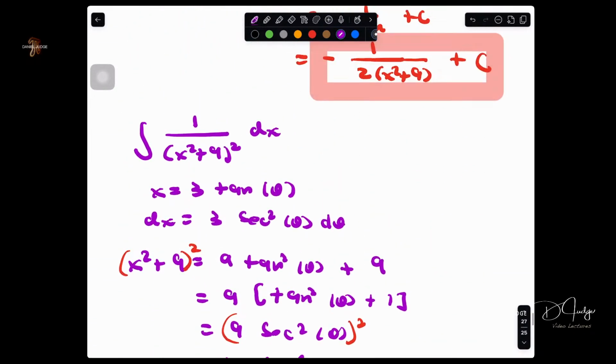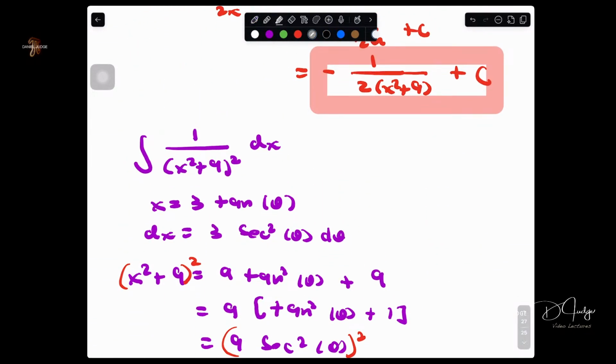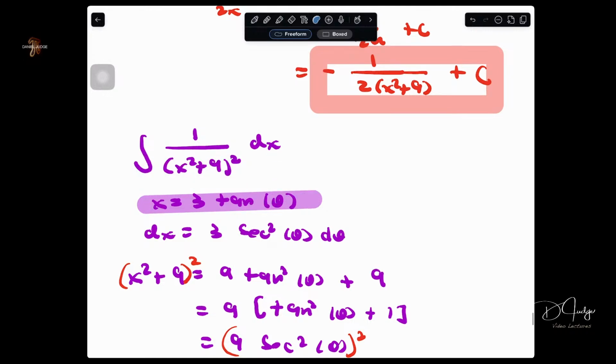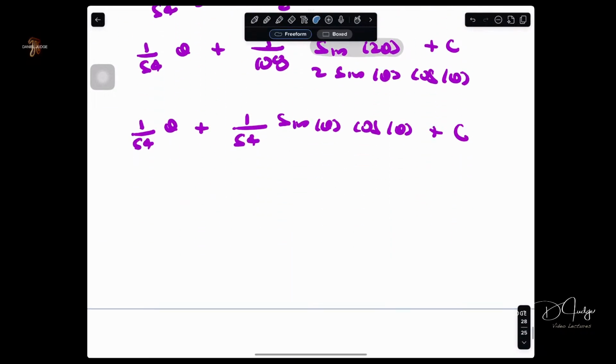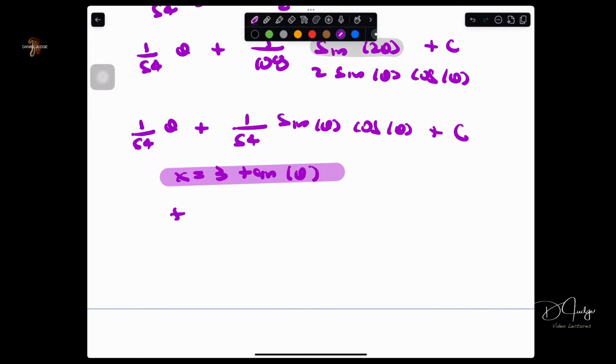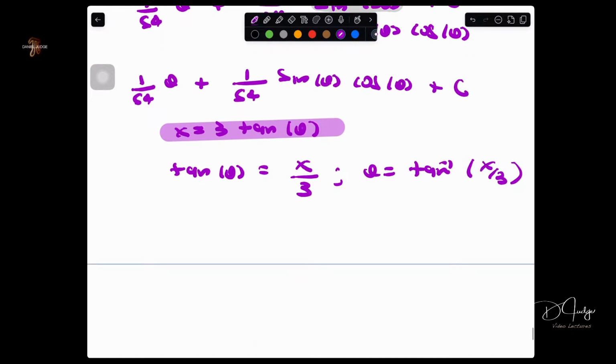But if we go back and remember that x is 3 tangent theta, that implies that tangent theta is x over 3, which means theta is inverse tangent of x over 3. So we have part of our answer.